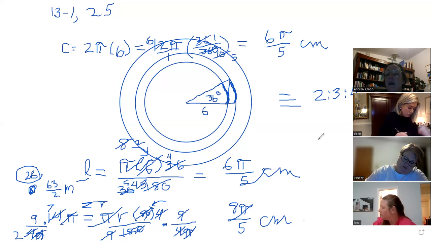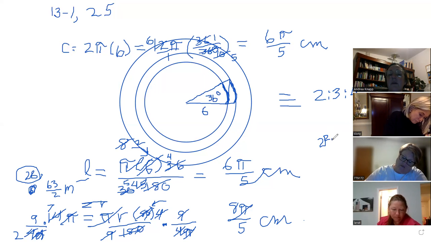But if you were comparing areas, then you would have a 2 squared, the 3 squared, the 4 squared ratio, because in area, the radius gets squared.